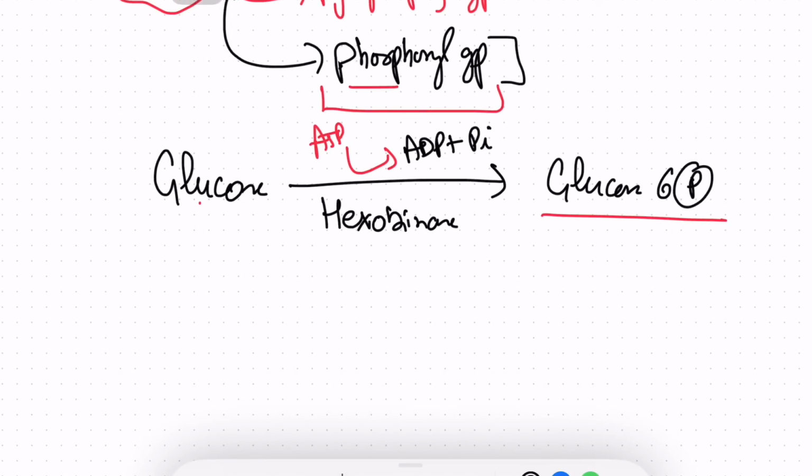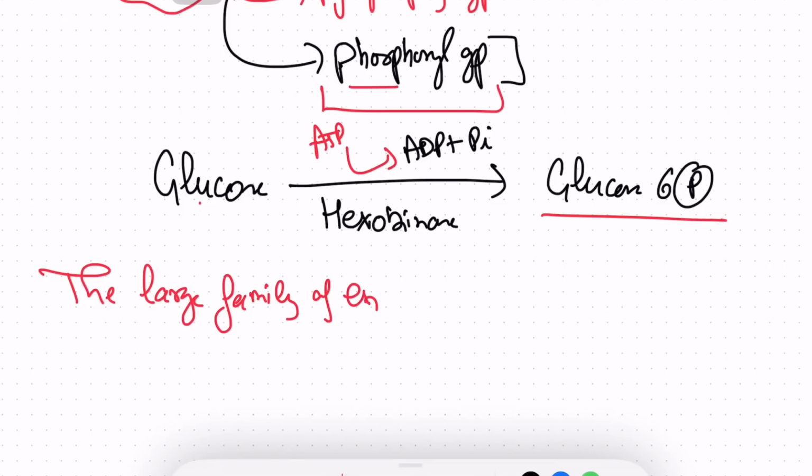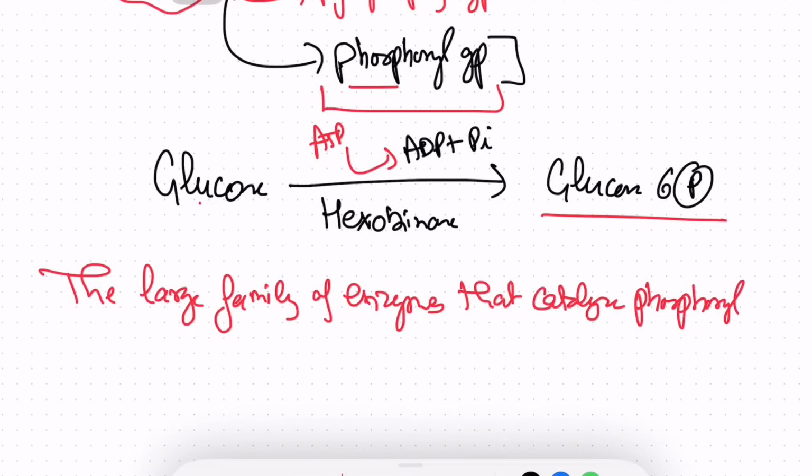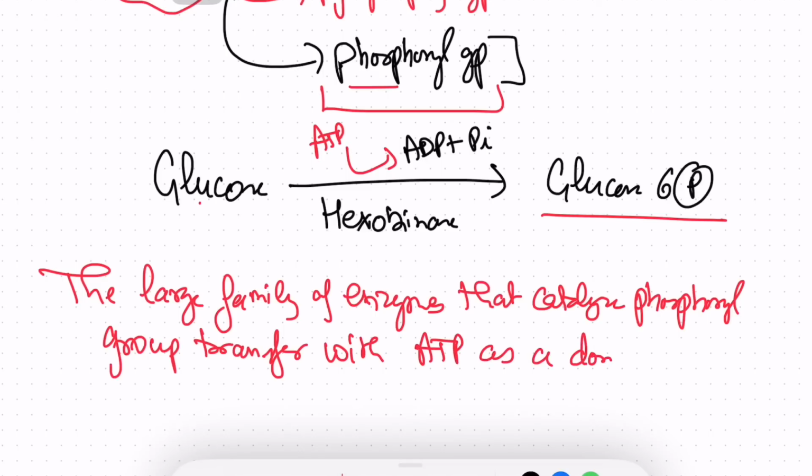Now keep in mind the large family of enzymes that catalyze phosphoryl group transfer with ATP as a donor.